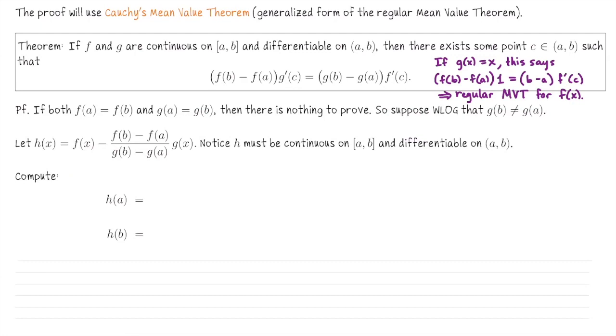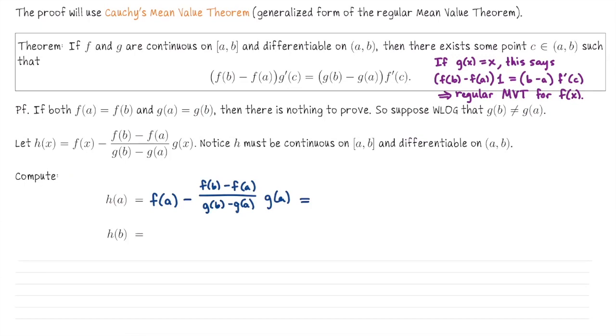Now, I did not write this proof from scratch, so I don't know if I would have thought of this, but this h was chosen wisely. I don't know if this proof is Cauchy's proof or what, but the point of this function h is that it's going to have some nice properties. So in particular, what happens if I plug in a? h of a would be f of a minus f of b minus f of a divided by g of b minus g of a times g of a. Let's get a common denominator here.